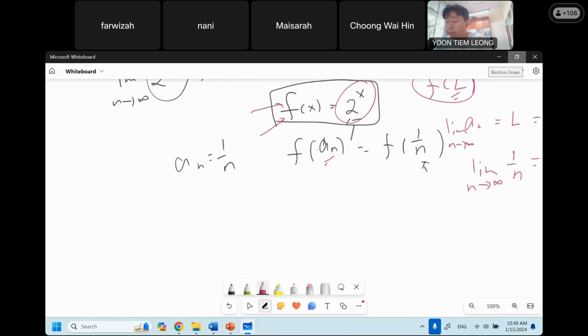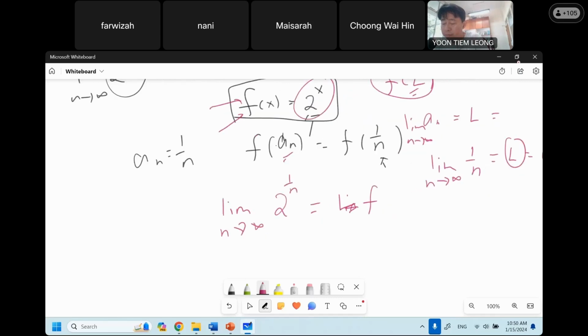Now, according to theorem 3, the continuous function theorem, we are able to answer the question. What is the limit of the sequence 2 raised to the power of 1 over n? This is simply equal to the function f evaluated at L, which is 2 to the power of 0, which equals 1.